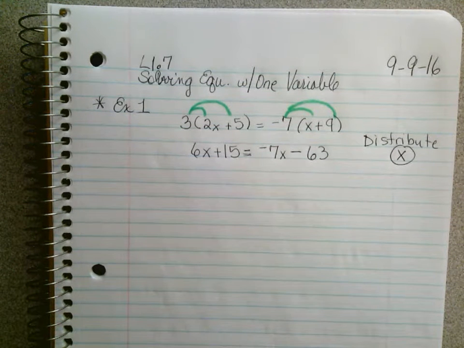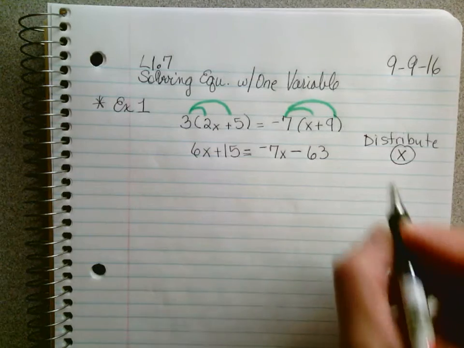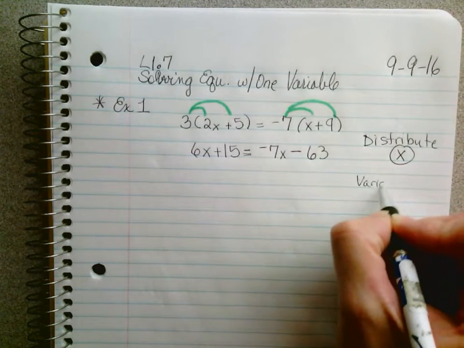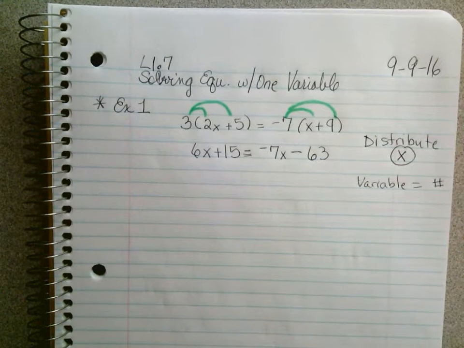Okay, so now we're going to manipulate or maneuver the equation so that you have variable equaling number. In other words, all the variables on one side and any of the constants on the other.